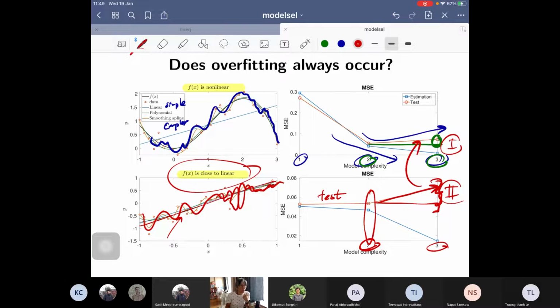For example, when the relationship between response and y is actually nonlinear, like the dynamics of some complex biological system, something happening in your brain, all right? The true relationship is supposed to be highly nonlinear.